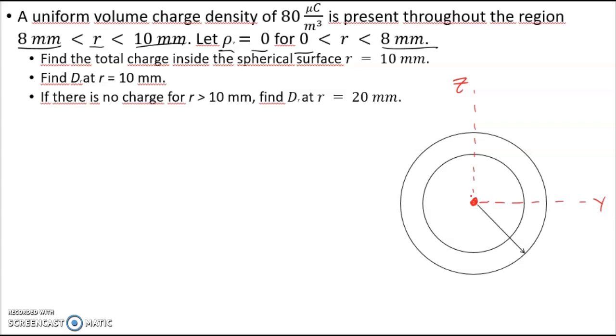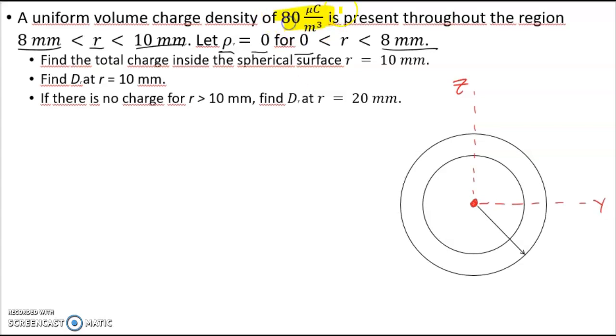The problem tells me we will have a volumetric charge density of 80 microcoulombs per cubic meter between a radius of 8 millimeters and 10 millimeters. That means between this point, 8 millimeters, and this point, 10 millimeters.